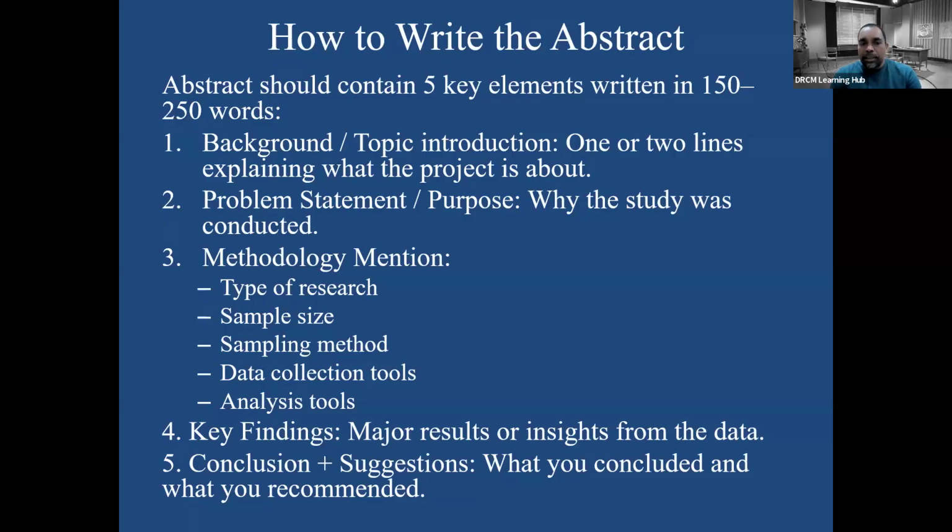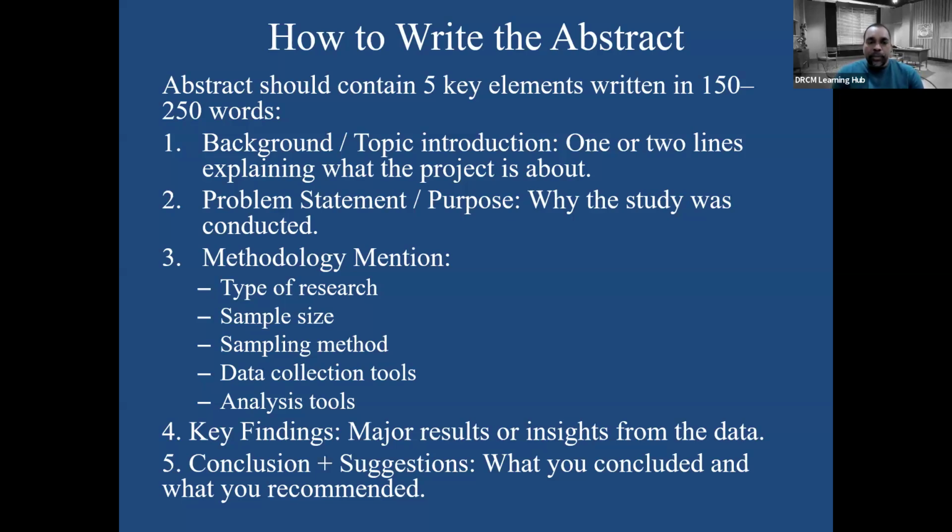You say: I used so-and-so type of research, my sample size is this much, my sampling method is this, I used so-and-so questionnaire for collecting data, and these analysis tools to analyze my data. Write 1 or 2 lines in sentence form.